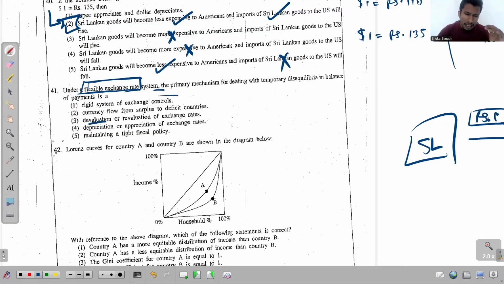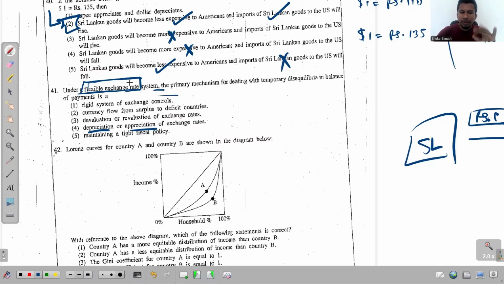No, these are not the terms we use in free floating exchange rate system. If the exchange rate changes based on the foreign currency demand and supply, we just label that as depreciation or maybe as appreciation of foreign exchange rates.